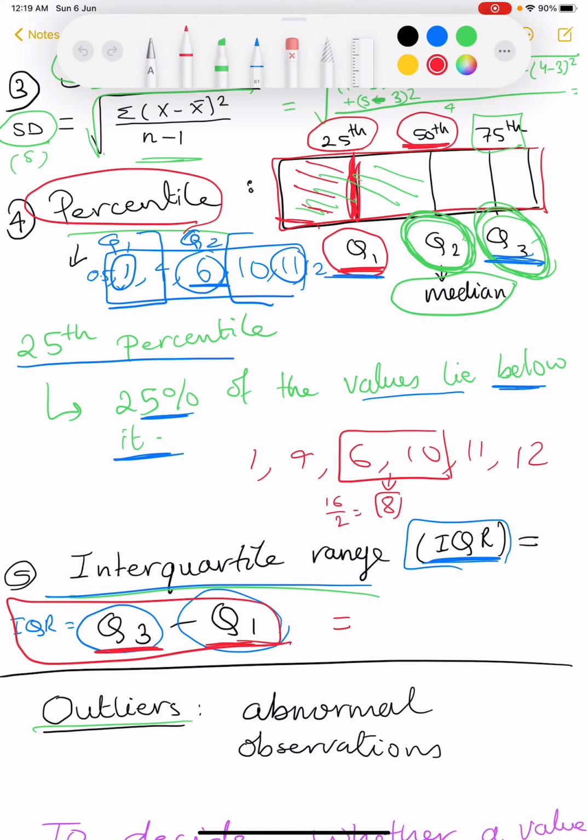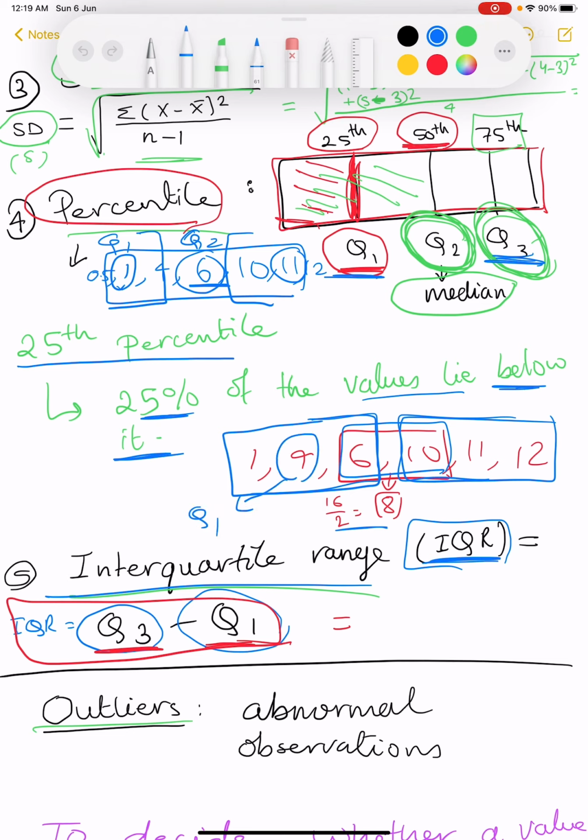Now we consider these two when we divide the data into 2, because we cannot exclude them. Only if it's an odd number do we exclude the median. If there are 2 middle values and we take the average of them, we include them in Q1 and Q3. Keep this in mind. This will be Q1, and this will be Q3. Here 11 minus 4, and this is the answer. It's 8, sorry.